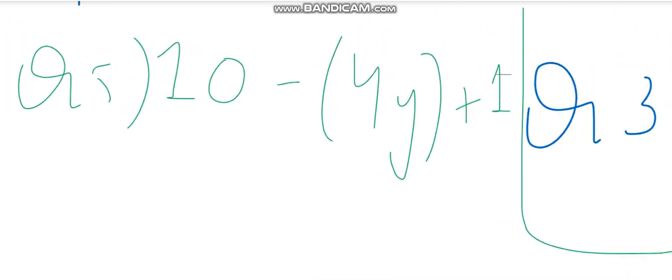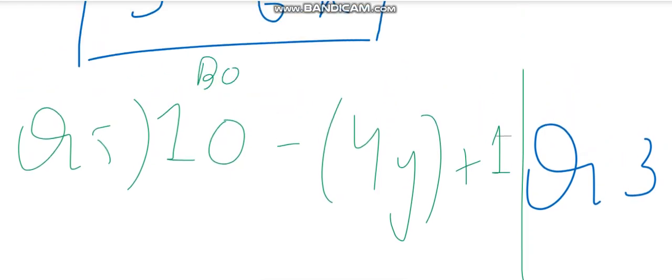Let's solve the brackets first because we have the rule as BODMAS. So brackets come first. Now you will see that there's no number outside the bracket, but it is 1. And I told you in the last video too that we not just multiply the number, but we also multiply the sign inside with the number.